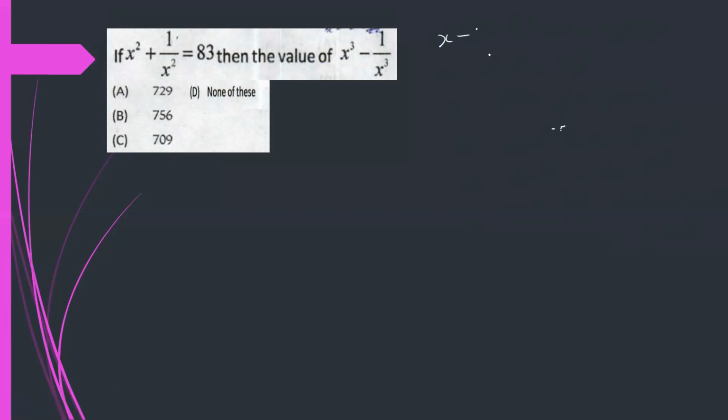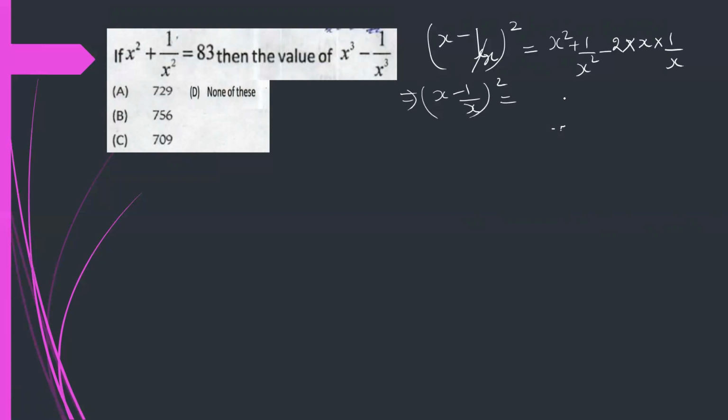Suppose x minus 1 over x is this. What will its whole square be for you? If you expand it, you will get x squared plus 1 over x squared minus 2 into x into 1 over x, which will give you x minus 1 over x whole square equals, what is the value of x squared plus 1 over x squared?